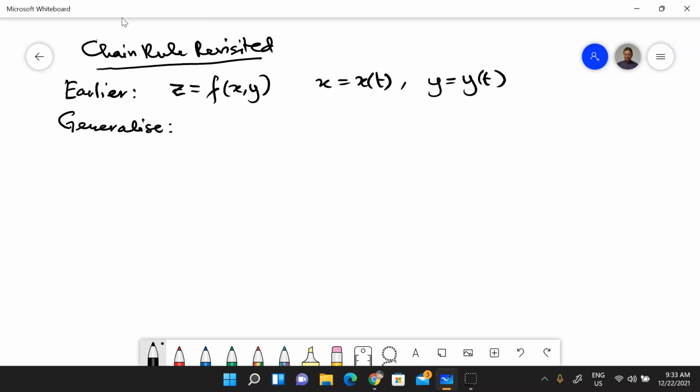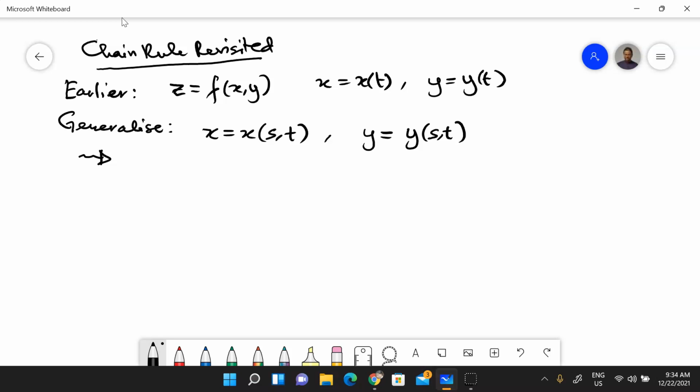So instead of x as a function of a single variable, here let x be a function of two variables, and similarly for y. So then one can ask, okay, in this particular case, previously we only had one option, with respect to this single parameter here, we just need to find what dz/dt is, for example.